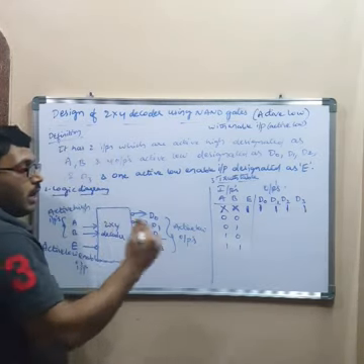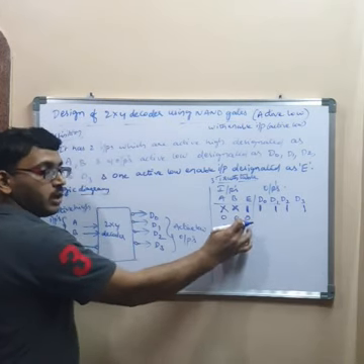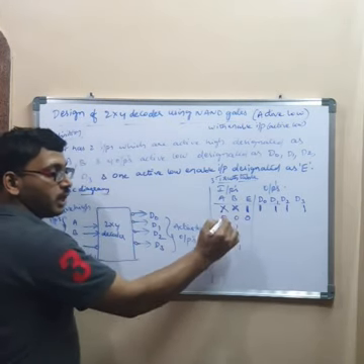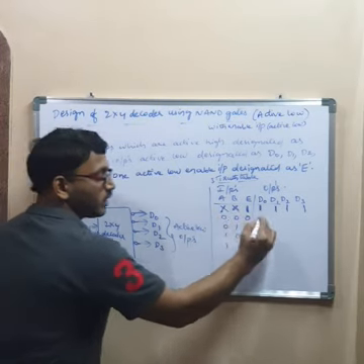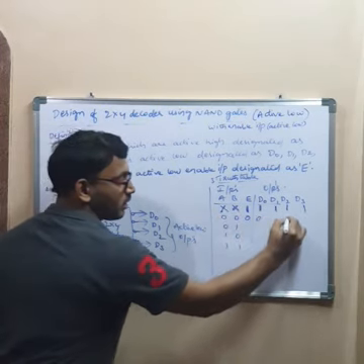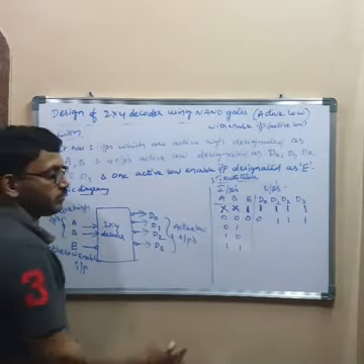Next, I have activated the enable input and I have applied the combination 0, 0. So which output is selected? D0 is selected and all the other outputs are deactive.